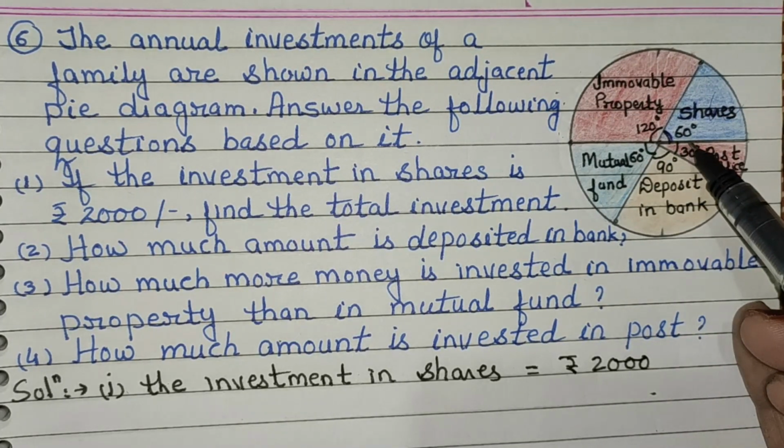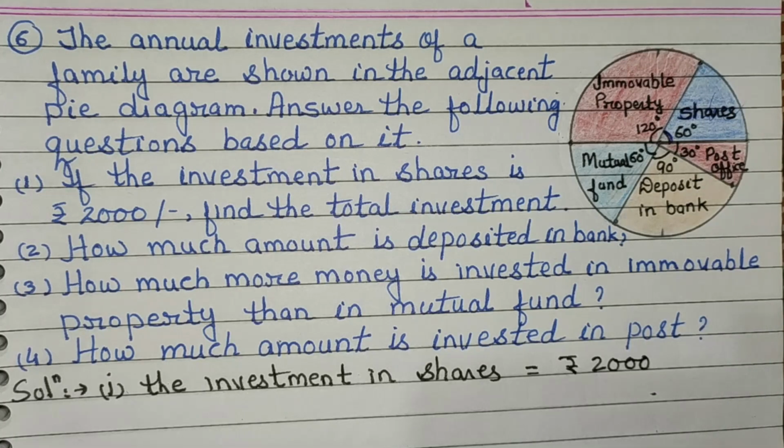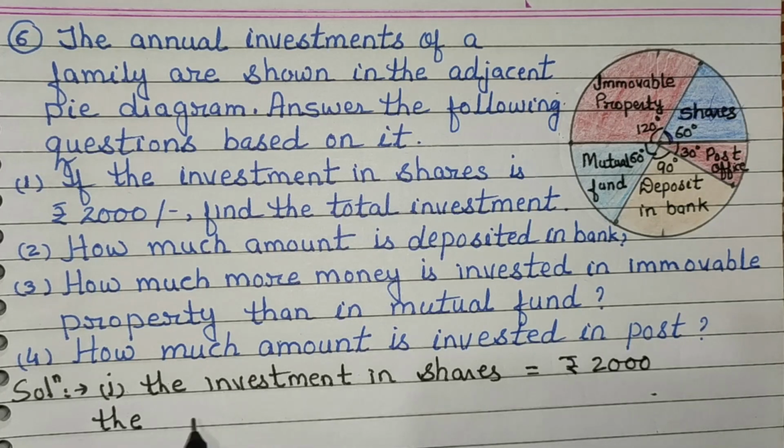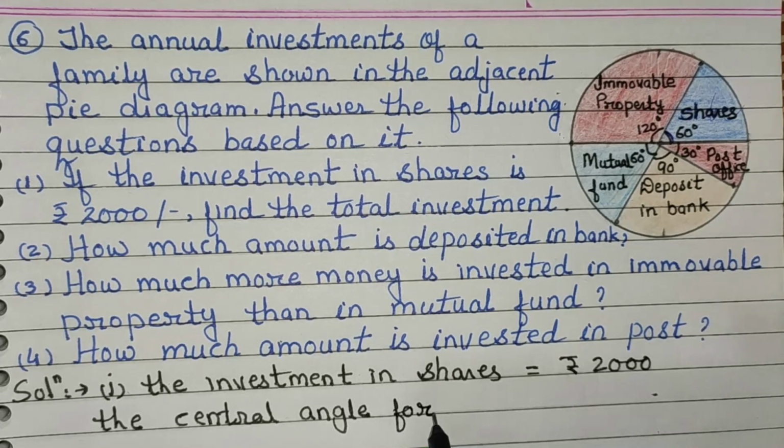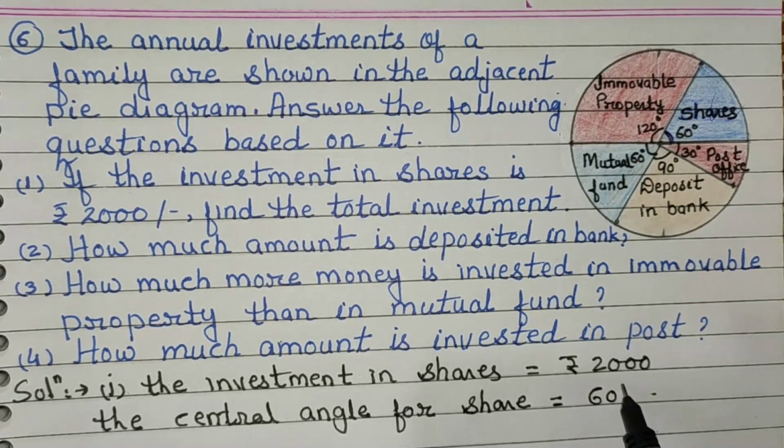The central angle for shares is 60 degree. Write down here: the central angle for share is equal to 60 degree.